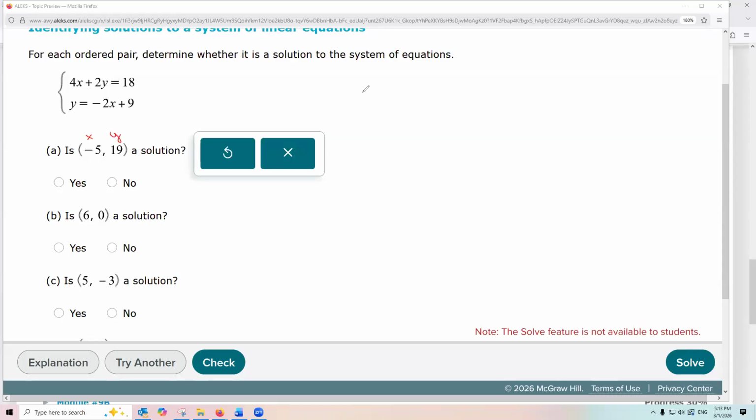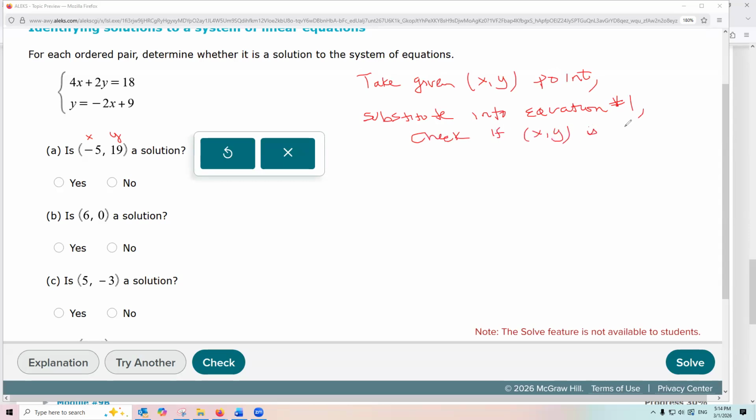Well, here's what we're going to do on this one. Take the given X, Y point, substitute into equation 1, and check if the X, Y point is a solution. Here's equation 1. Here's equation 2.